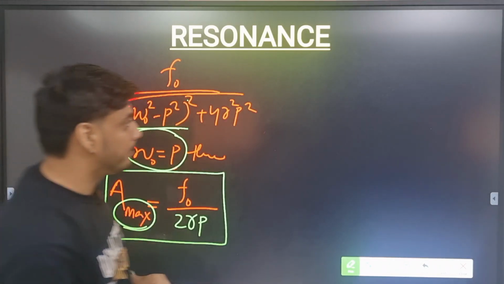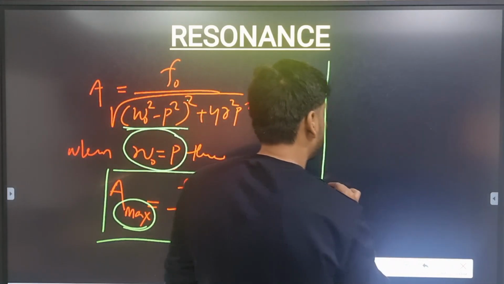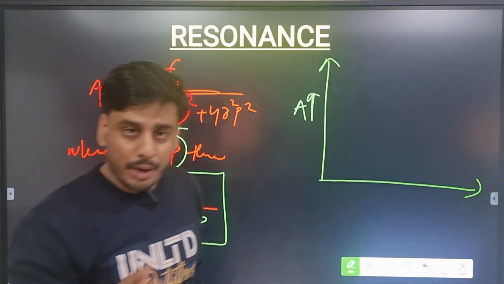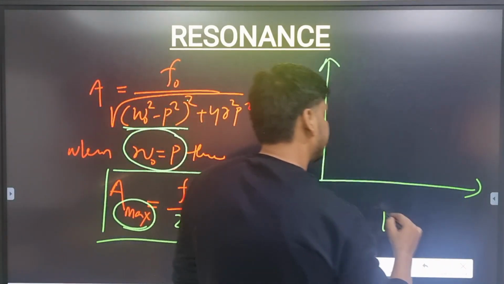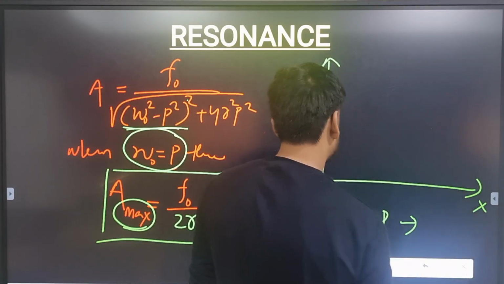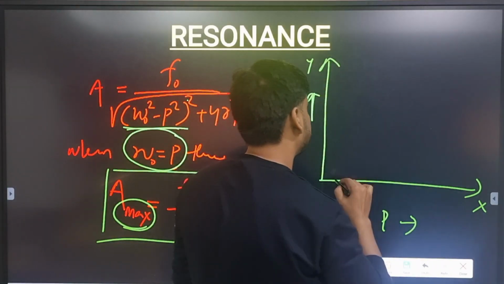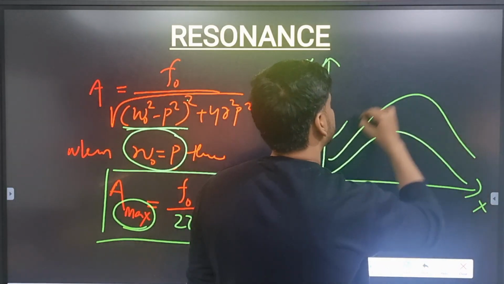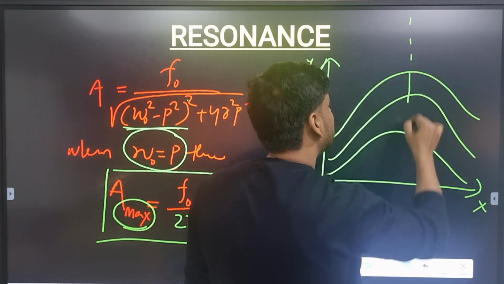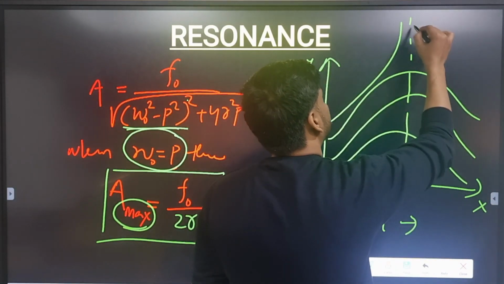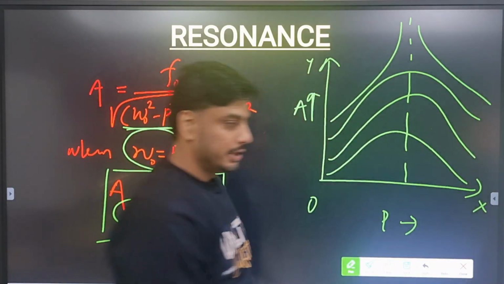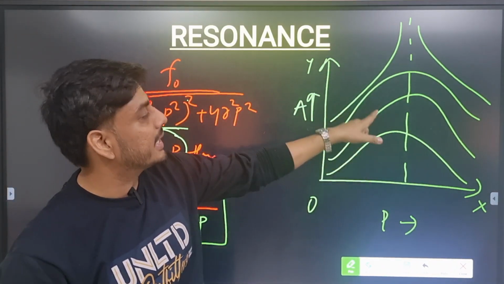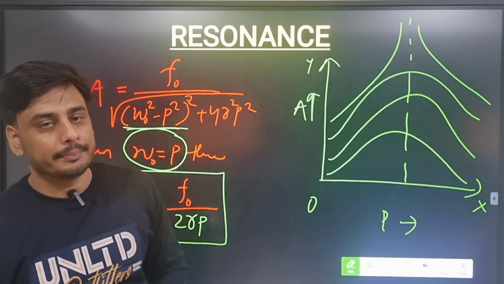If we plot a graph with amplitude along the y-axis and the driving frequency P along the x-axis, then we will get a graph like this. I am plotting 3 or 4 different graphs, and I will explain each one of them, in which condition we get the first graph, second graph, third graph and fourth graph.